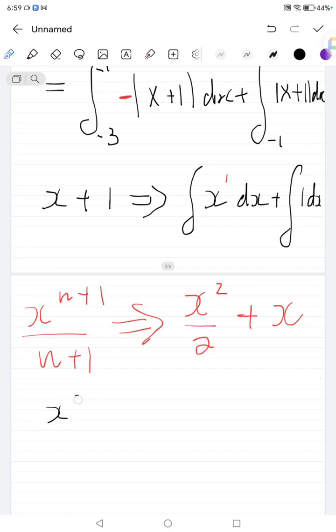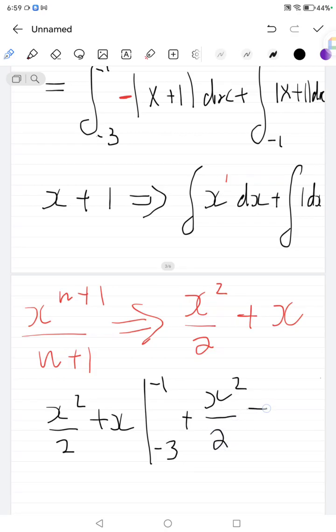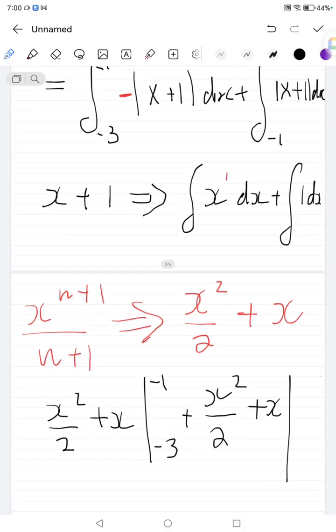We have x squared over 2 plus x, with the first region between minus 1 and minus 3, plus x squared over 2 plus x again, with 3 and minus 1.